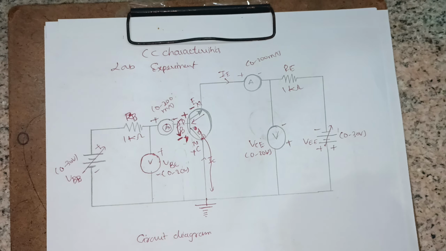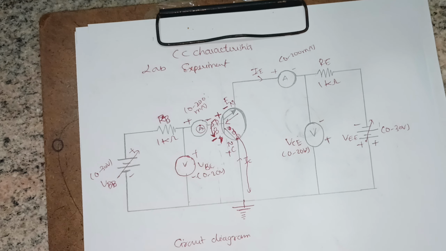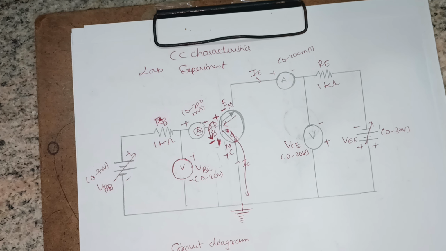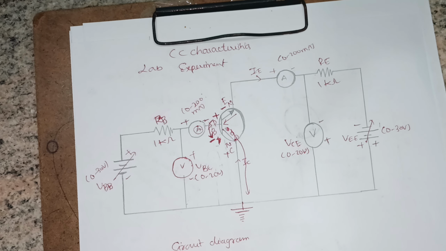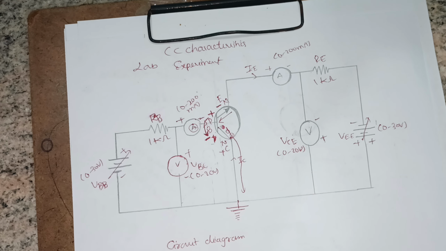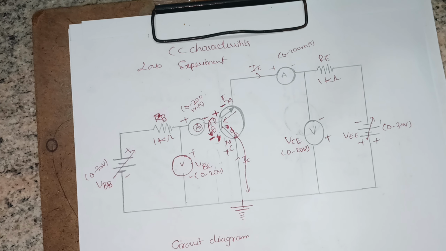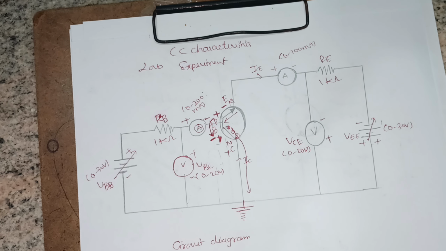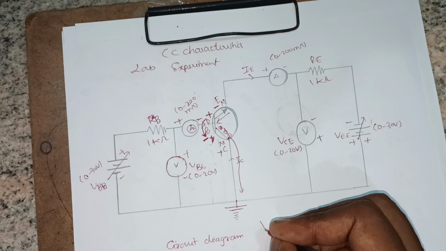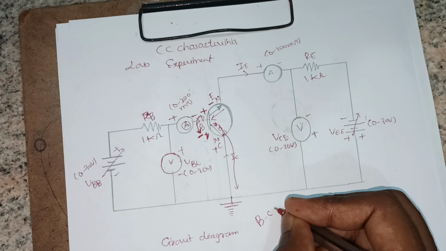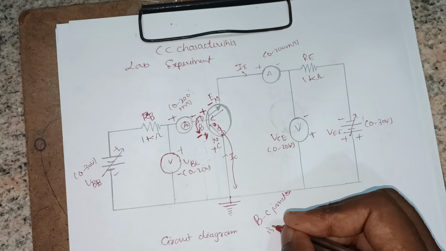So this is about the CC characteristics experiment, how the circuit is designed, and what the real-life applications of the circuit are. In real life we can use the CC circuit as an amplifier in the active region only, when the base collector junction is reverse biased.